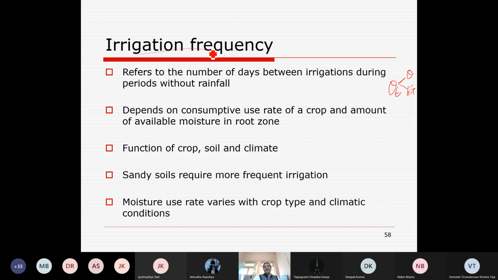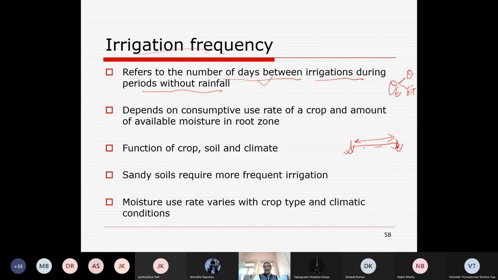So irrigation frequency refers to the number of days between irrigations during a period without rainfall. Also a simple idea: after how many days we are irrigating. So these are dry days, we are not irrigating. Here we have applied water, here we have applied water. So after how many days it is irrigated, that is the number of days between irrigations.